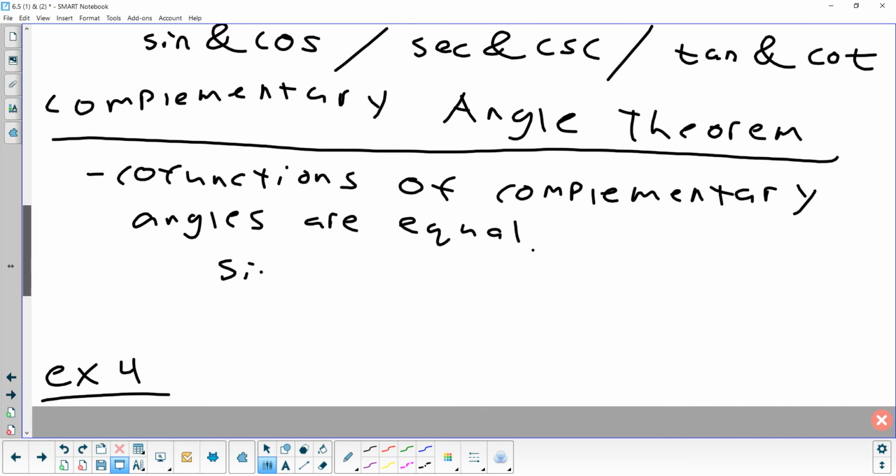So, for example, what's the co-function of sine? Oh, that's cosine. And what's the angle that's complementary to 20?